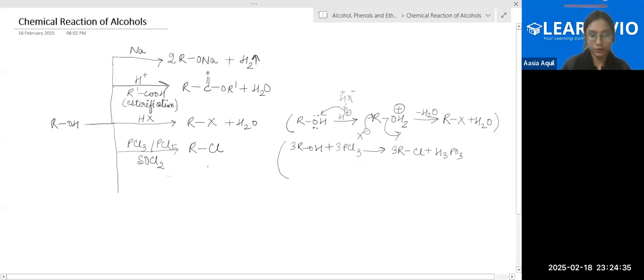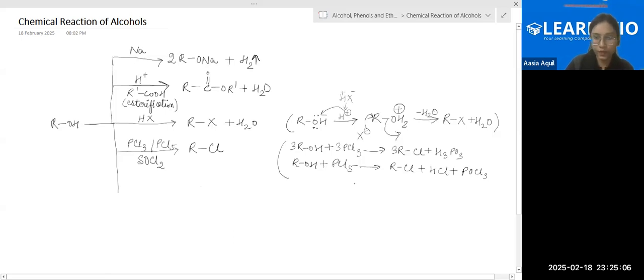But when you use PCl5 with ROH, you will get the same product, but the byproduct will be different. You will get HCl and POCl3. POCl3 is phosphoryl chloride.